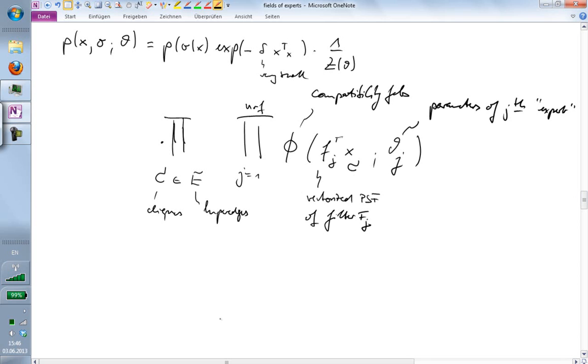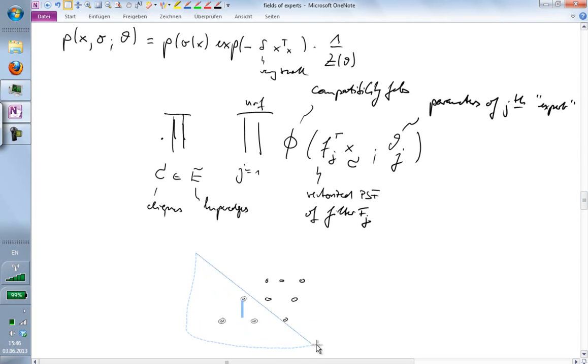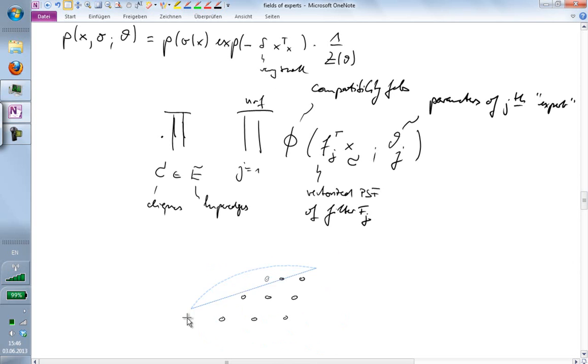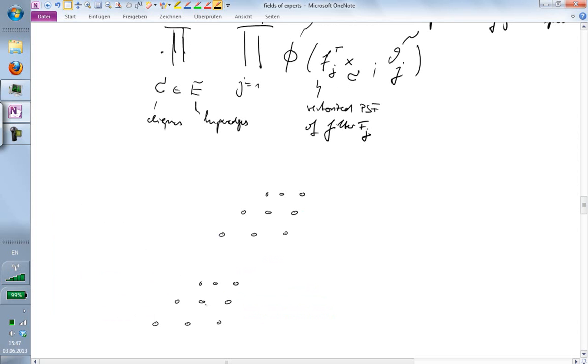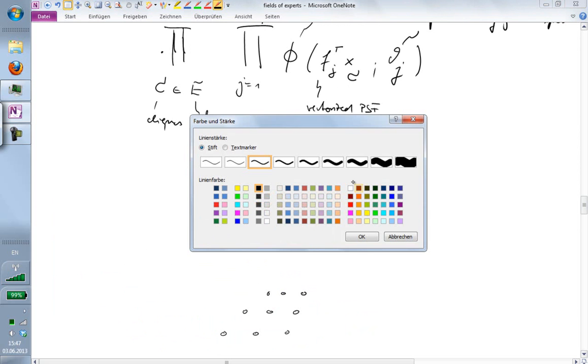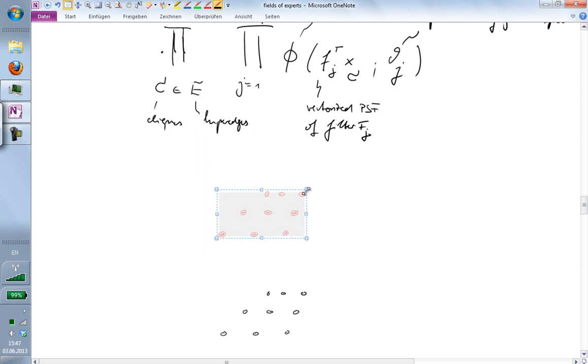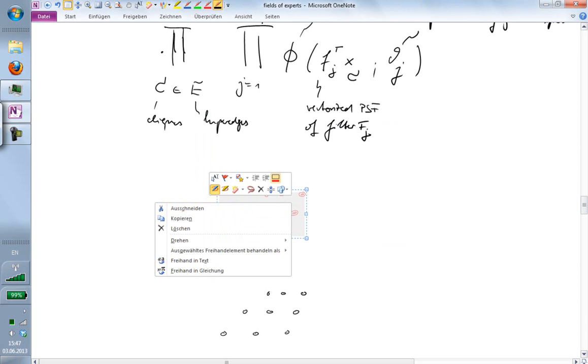So for example, we show the following. I'm again showing a small number of random variables. I make the observations in red.